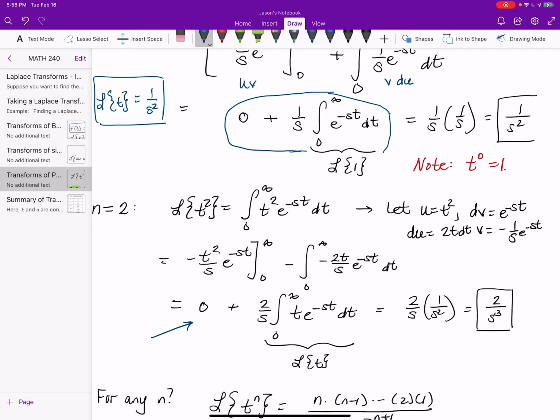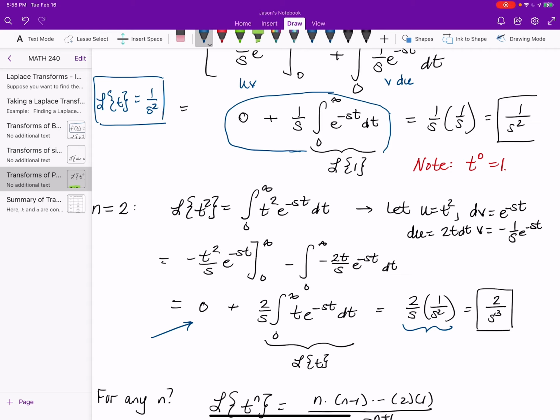Wait a minute, that integral is the Laplace transform of t, because if you're integrating from 0 to infinity, whatever you're multiplying by e to the negative st, that's the function you're transforming. So we can go right to this step right here, and we end up with 2 over s to the third. And at this point, you're probably noticing, hey, there's a pattern going on here. A power pattern, I guess I wanted to say there.